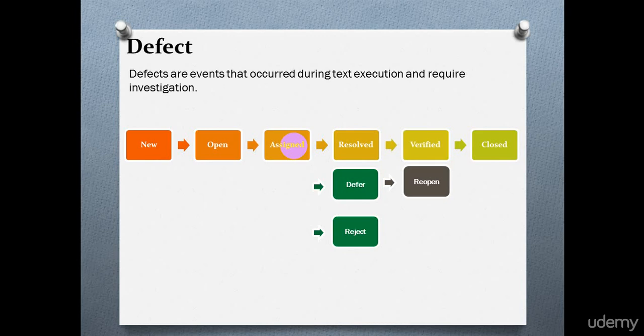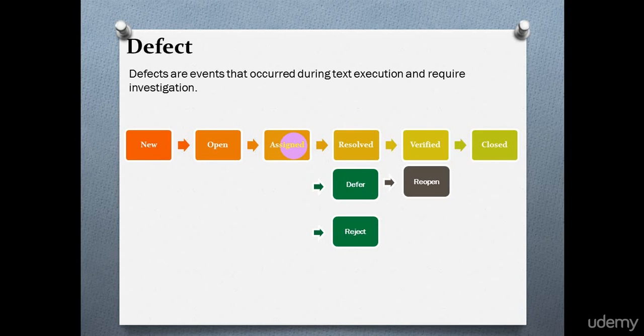Verified. In this stage, the software tester tests the fixed defect, whether the defect is completely fixed or not. If the defect is completely fixed, then the tester will close the defect. That means in the closed status, the software tester will retest the defect, and if it is really fixed, he will close the defect.